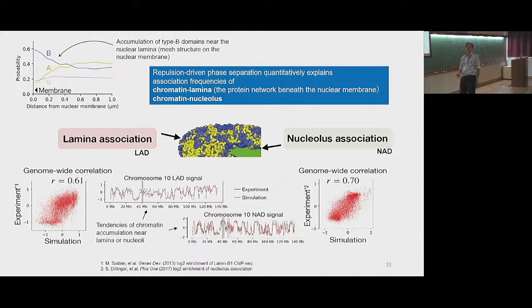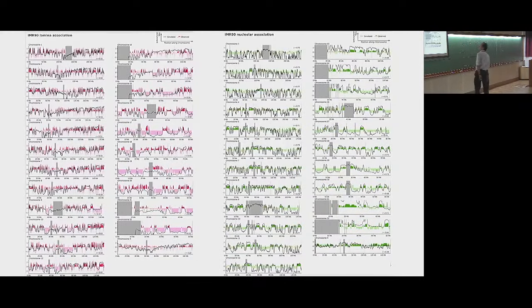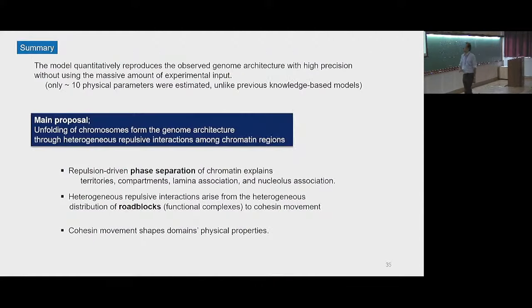But formation of the lamina association or nucleolus association is not due to this short-range protein complex, but comes from the phase separation mechanism. It's our proposal. And this is the whole 23 chromosomes case for lamina association and nucleolus association.